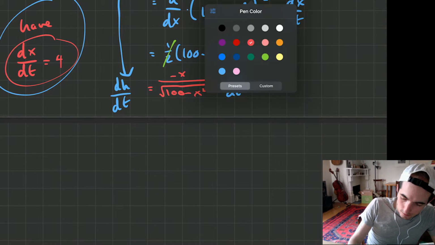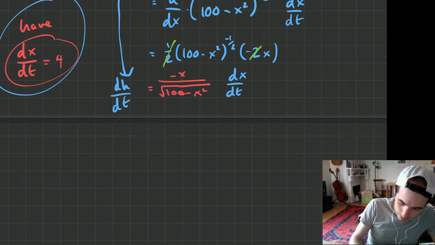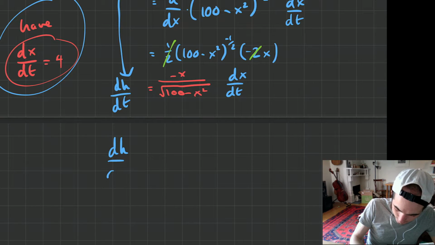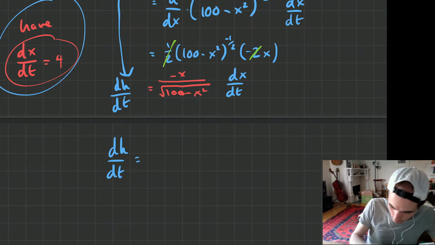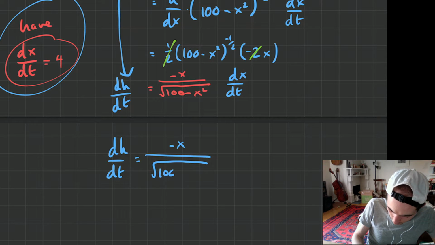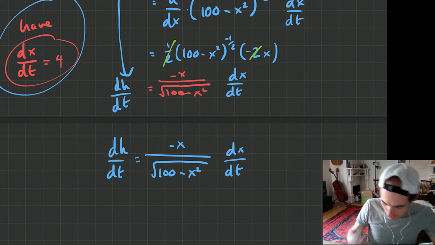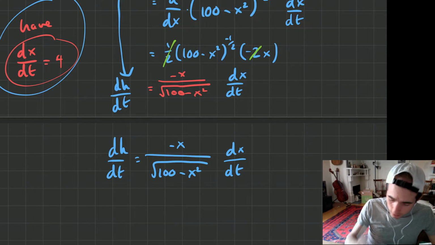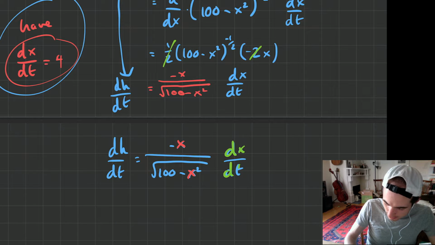Now, let's see here. So dh by dt, which is what we're looking for, is equal to negative x over the square root of 100 minus x squared times dx by dt. Now that we've solved this, I know what x is, and I know what dx by dt is, right?